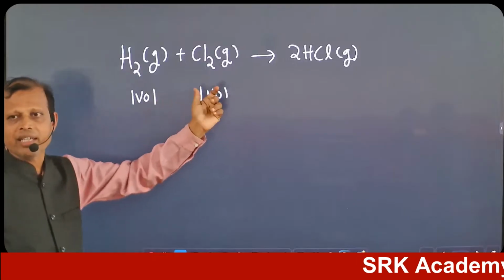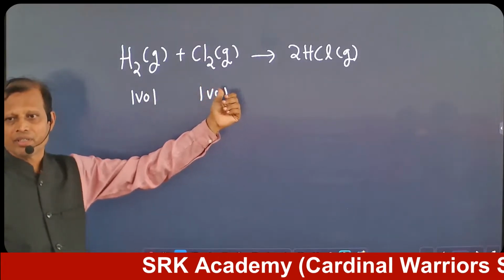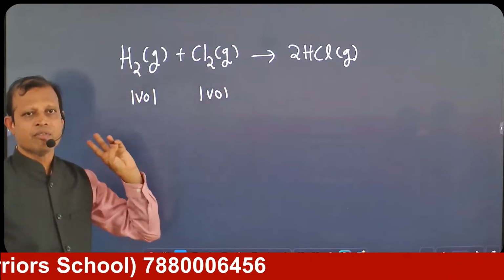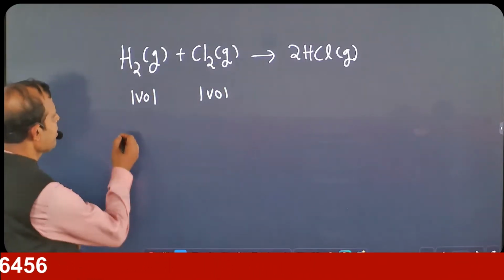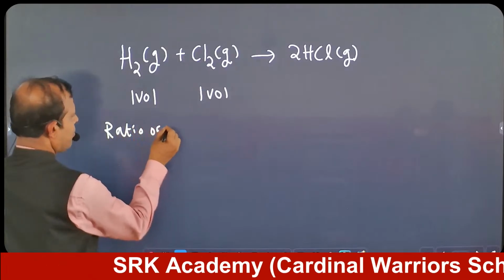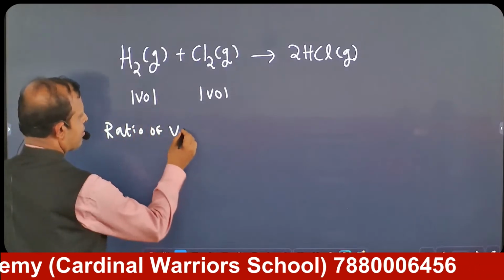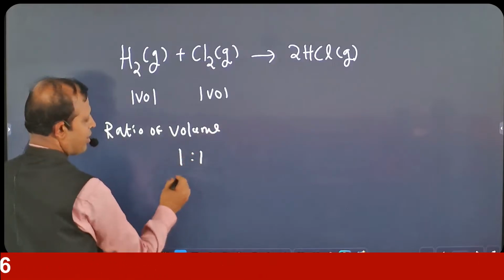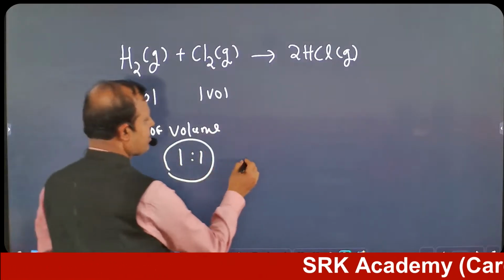When gases combine, they combine in volume, which bears a simple ratio with one another. So if you take the ratio of volume for both the gases, what is it? 1 is to 1, which is a simple ratio.